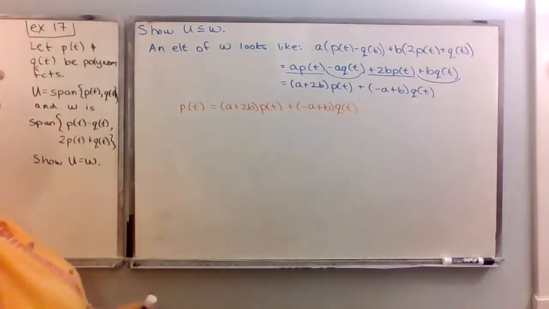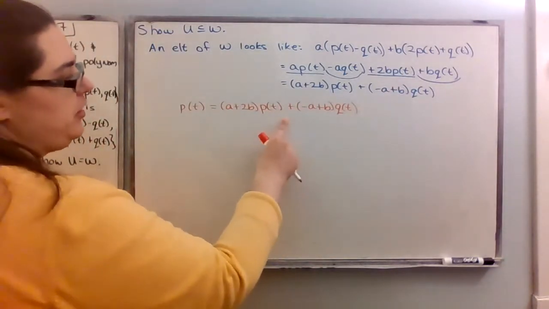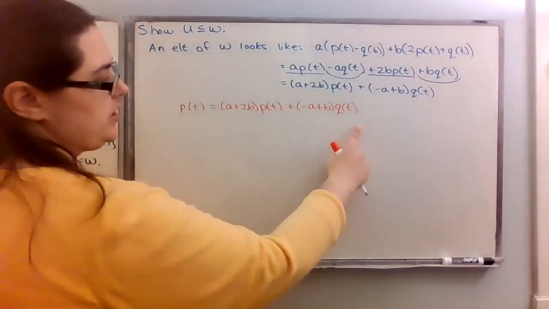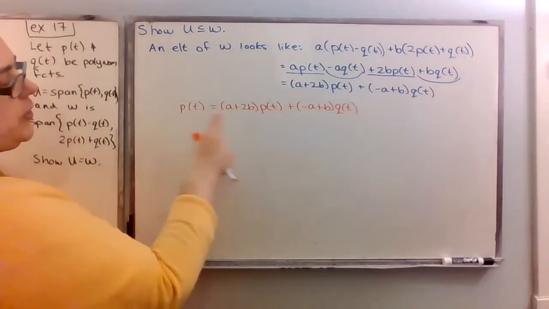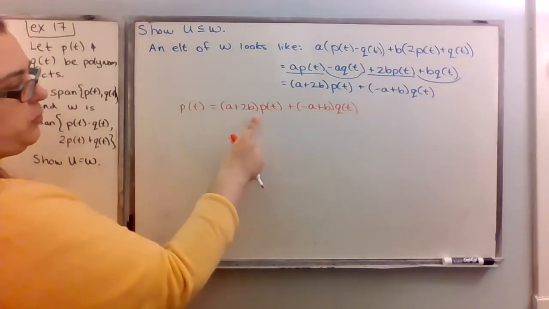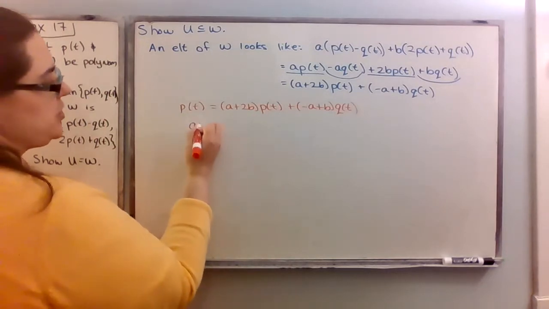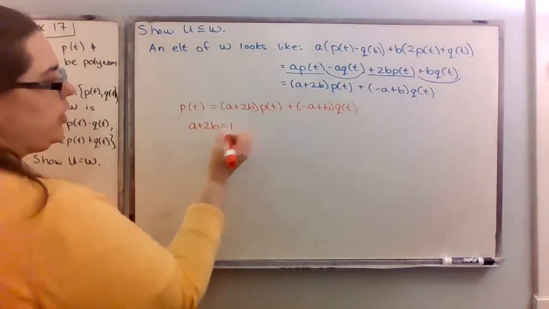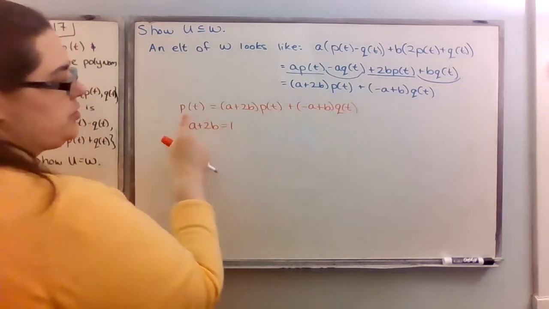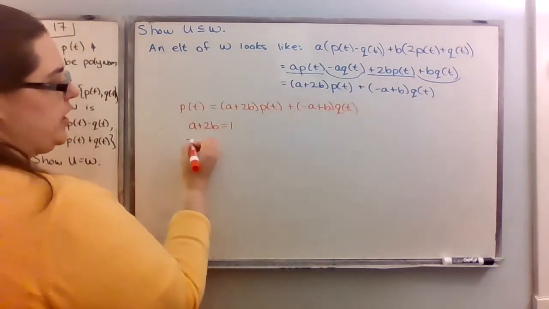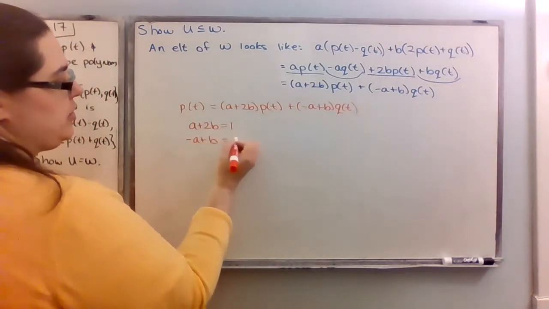Now, instead of x squared, we've got P of T, and instead of x, we have Q of T. To equal P of T, this coefficient is a 1, so I know that this coefficient has to equal 1 as well. So we need A plus 2B to equal 1. And then we need this coefficient to equal 0, because there's no Q over here. So we need negative A plus B to equal 0.